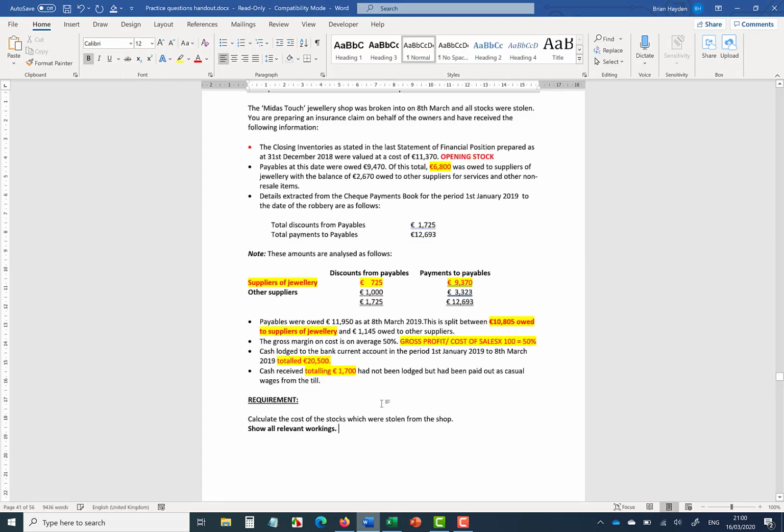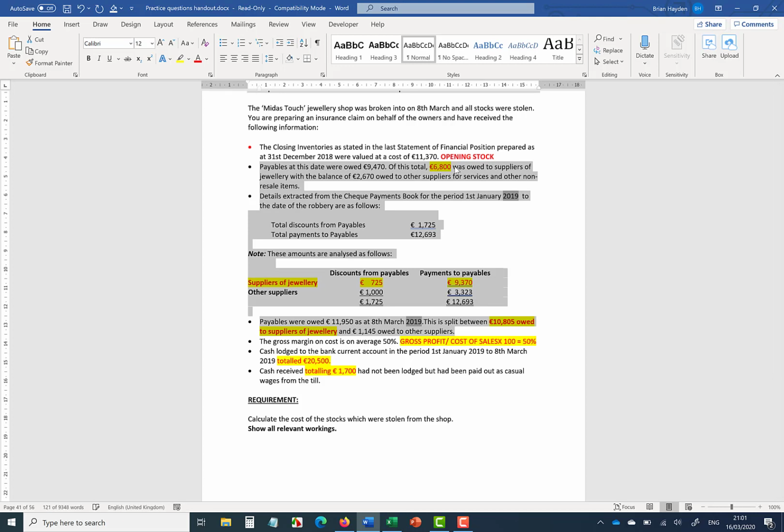Going back to the question again, there's a number of items concerning suppliers, and specifically suppliers of jewellery. And as I noted in the previous video, we're going to need to do a creditors account to determine the amount of purchases of jewellery, purchases of goods for resale.